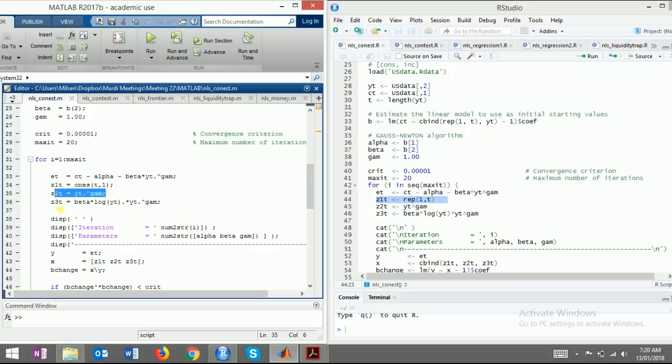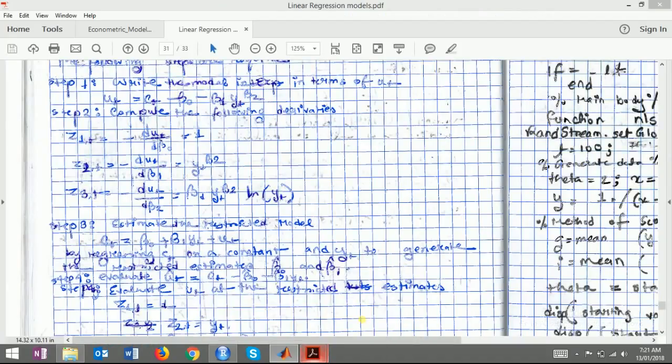Z3t is alpha, beta 1, yt to the power beta 2, log. So very simple, 1, yt to the power beta 2, instead of beta 2 I'm saying gamma, then beta 1 log of yt to the power beta 2, which is yt to the power gamma.